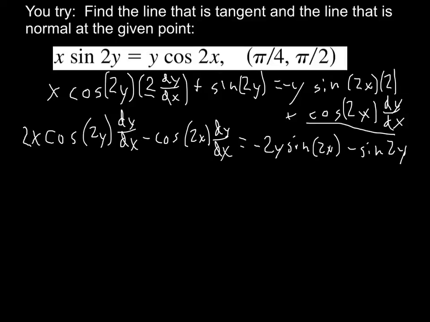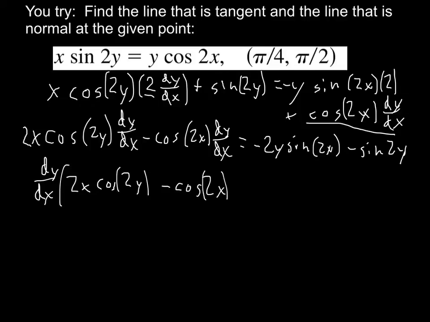From here, I can factor out a dy/dx from both, and then divide over what gets factored out. I'll factor it out so you can see it better. dy/dx times 2x cosine of 2y minus cosine of 2x equals negative 2y sine of 2x minus sine of 2y.